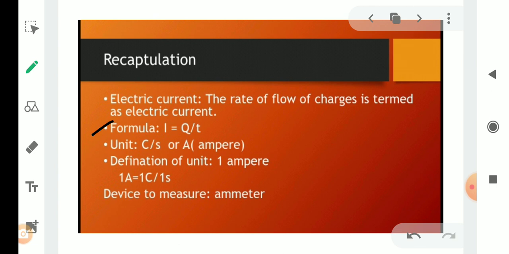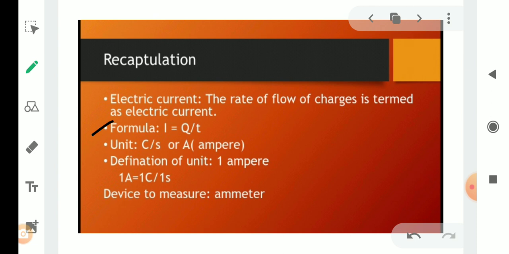Then how can we define the SI unit, that is 1 ampere? If the question is, define 1 ampere, the definition is, if 1 coulomb of charge flows through a conductor in 1 second, then the current is said to be 1 ampere.